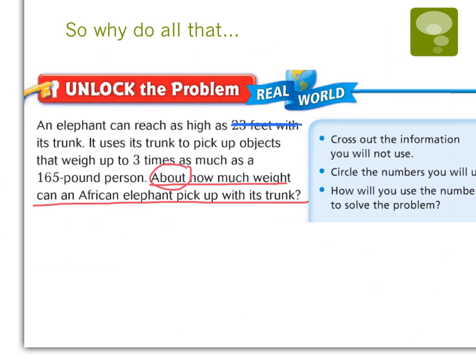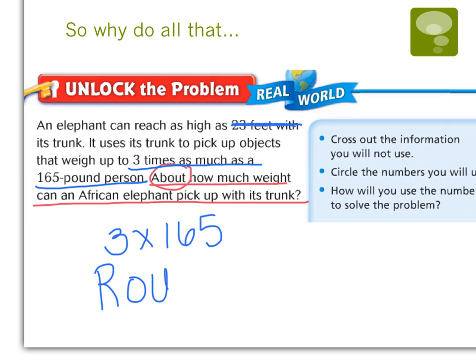I do, however, need to know that the trunk can pick up objects that weigh 3 times as much as a 165-pound person, giving me the problem of 3 times 165. Since my problem has the keyword "about" in it, I'm going to estimate. And we remember, when we estimate, we round first and then calculate.